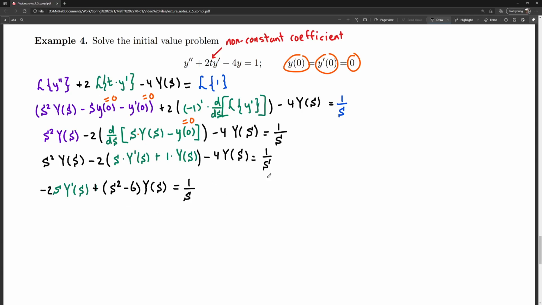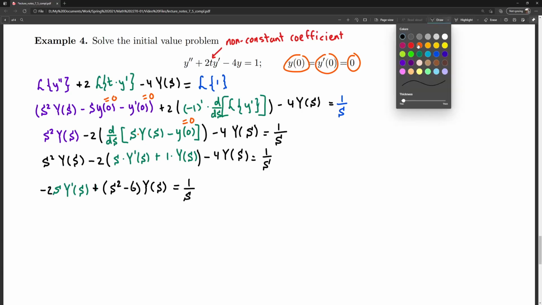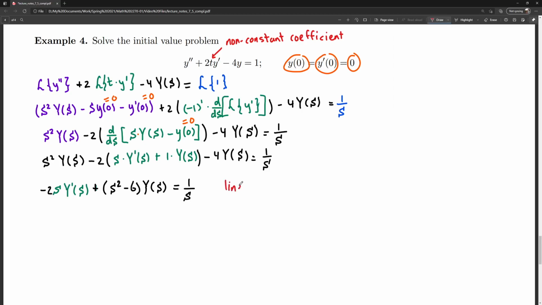Now, what we need to notice there is that we have a linear differential equation. In the first chapter, or the second chapter, we learned how to solve these linear differential equations.